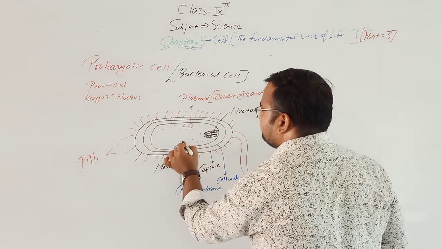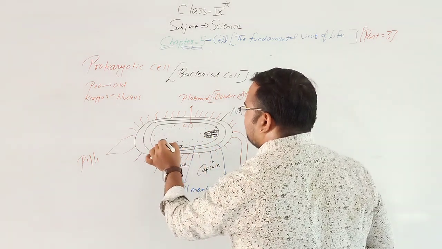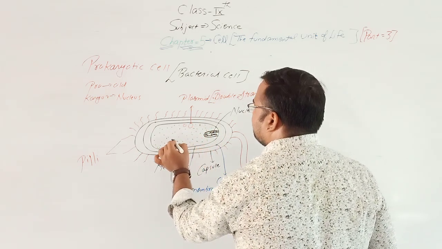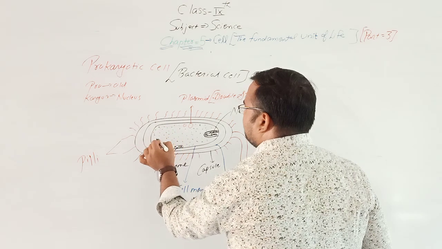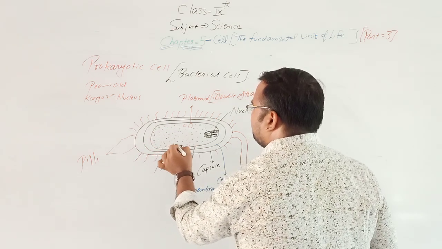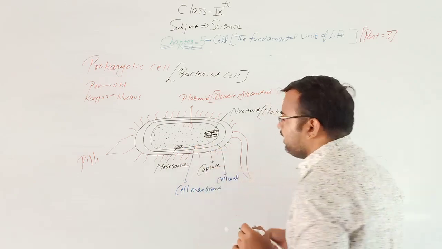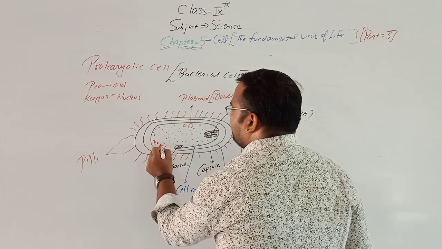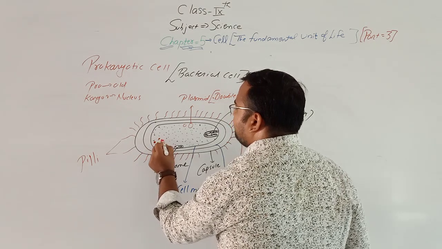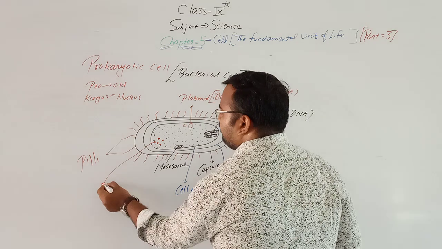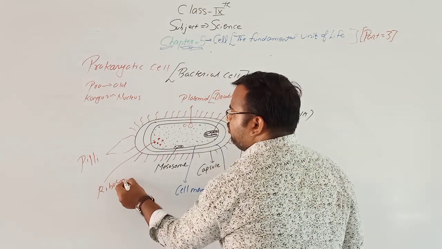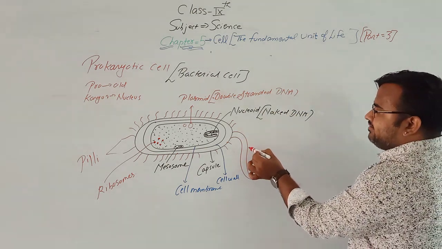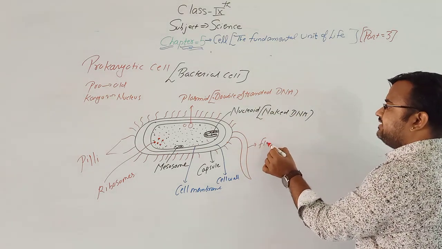There is cytoplasm. And one more important structure, that is ribosomes. These are known as ribosomes. Clear? And this tail-like structure is known as flagellum.